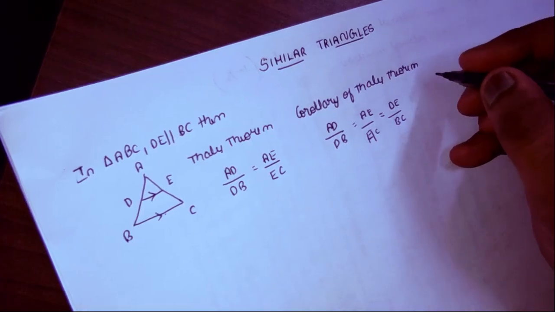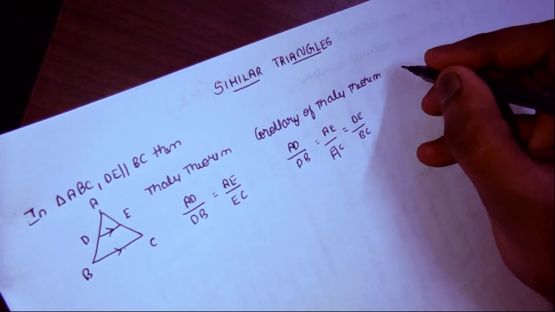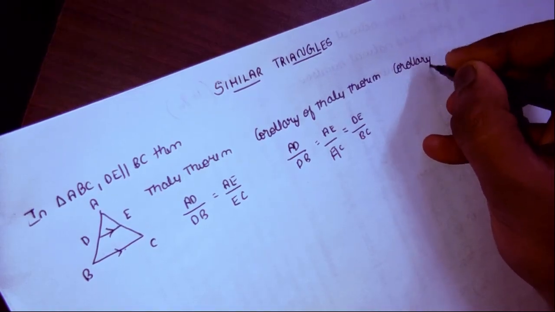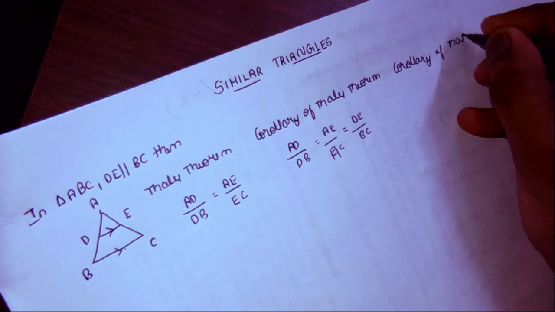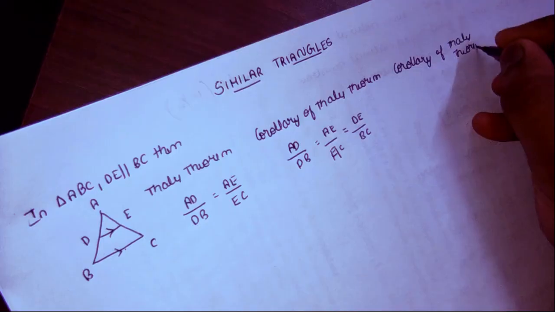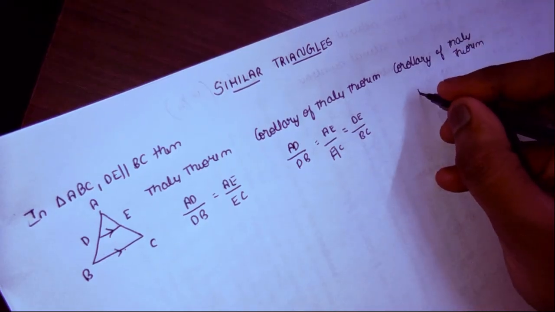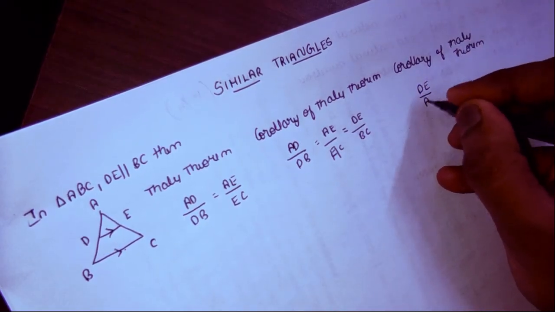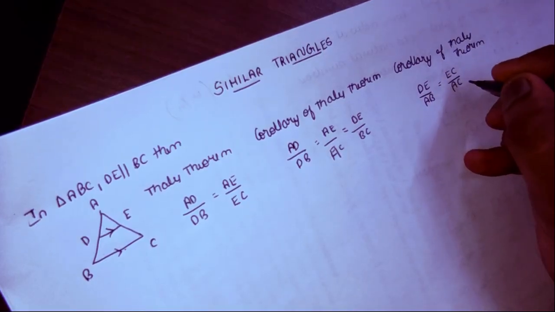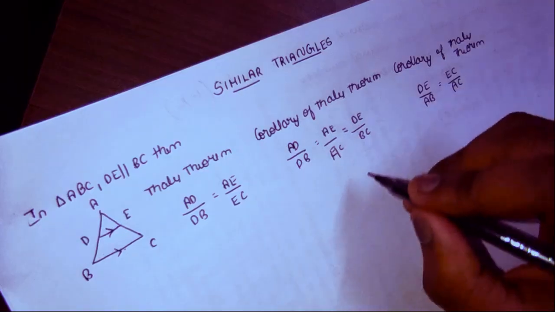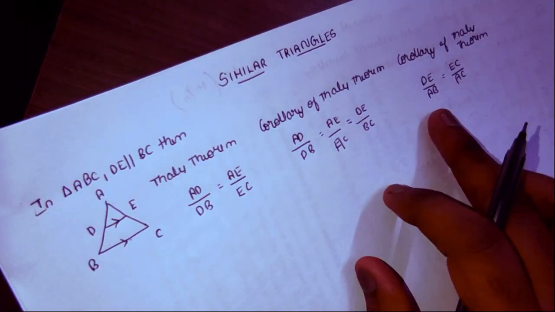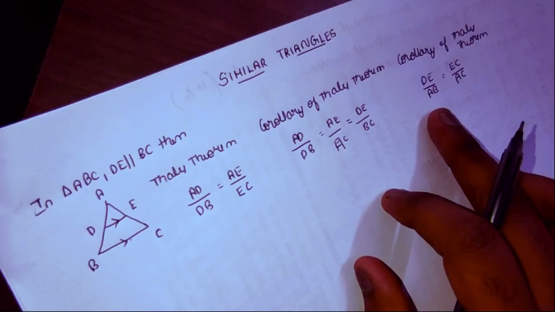This can be written in one more way, same corollary of Thales theorem: this is equal to DE by AB is equal to EC by AC. This kind of corollary can be used in proving questions.